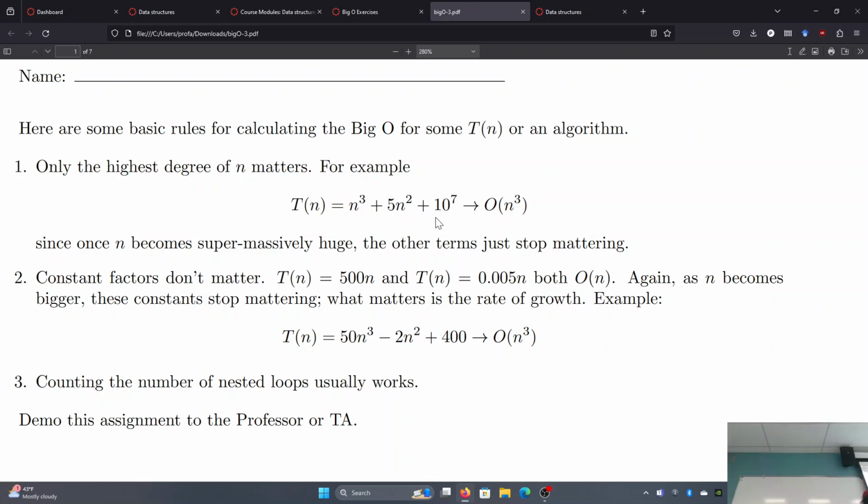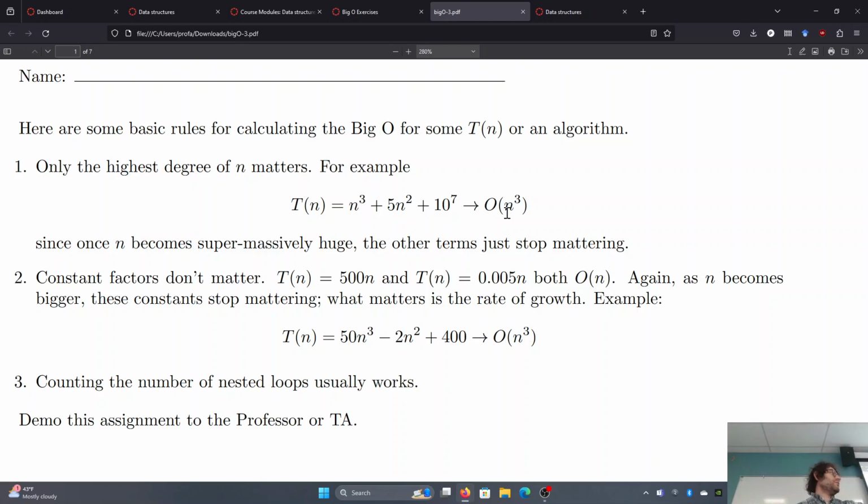Once the input size becomes ridiculously large, like billions upon billions, the lower terms stop mattering and n cubed completely dominates. So we say it's an O of n cubed algorithm: given any input, the workload is about the cube of that. And that's what that means.